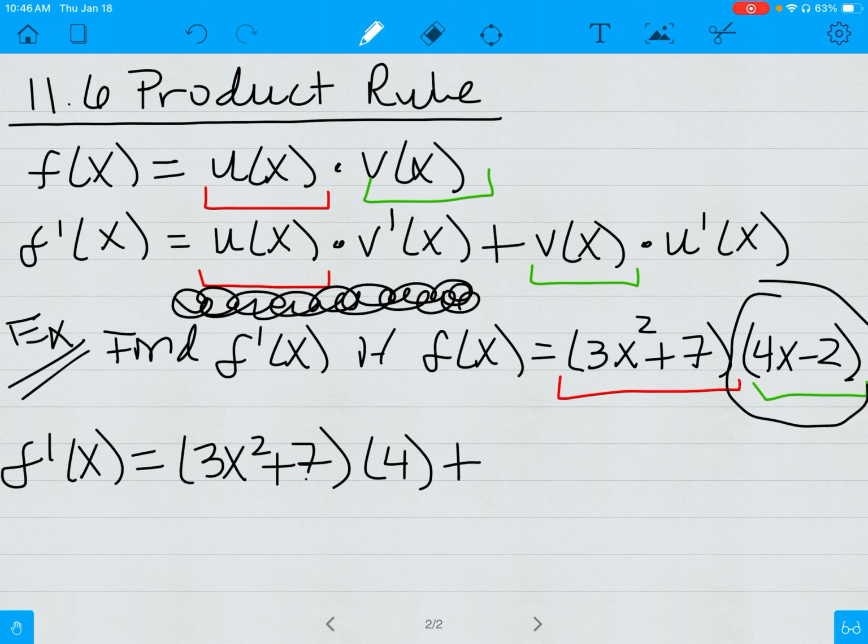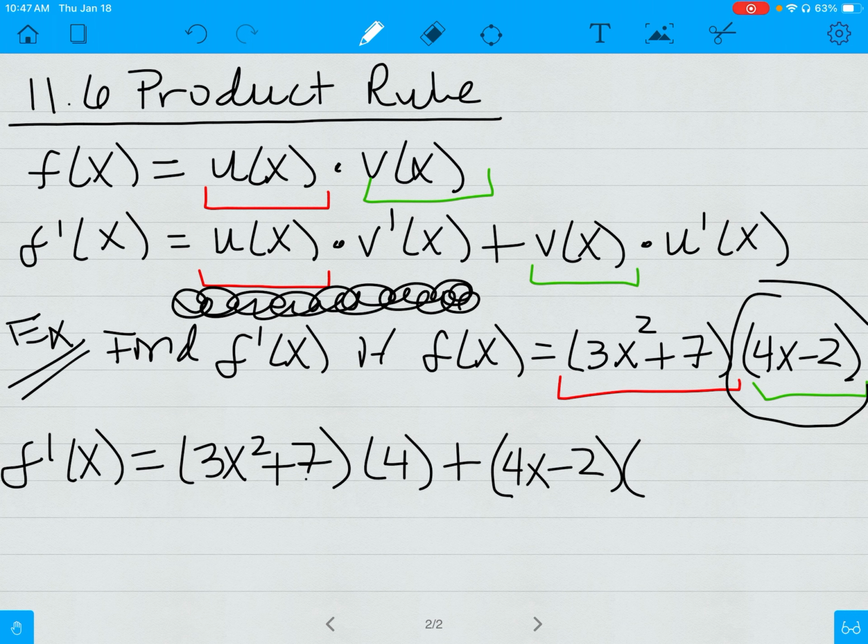Plus, we want to take the second function, 4x minus 2, and we want to multiply that by the derivative of the first function.